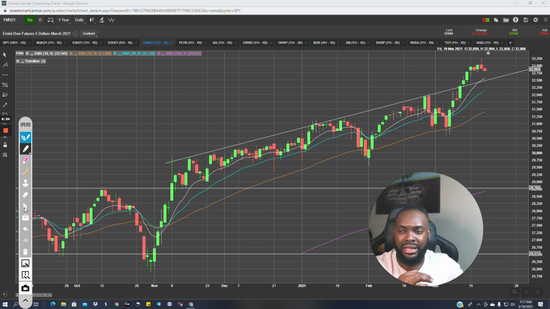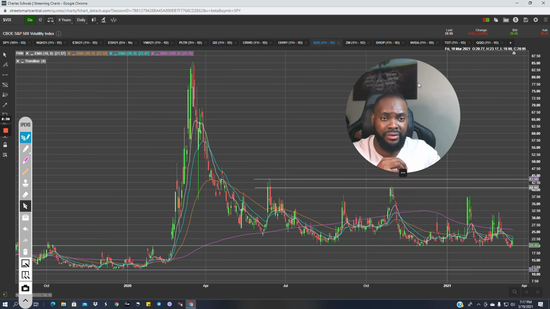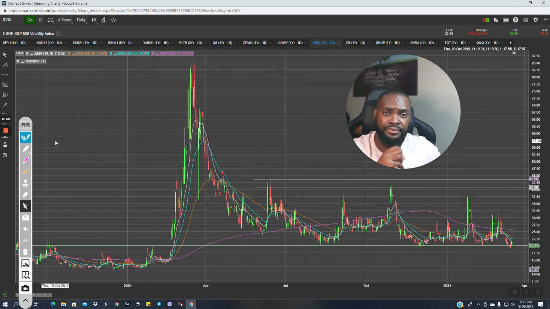All right, one more thing that I want to bring to your attention today is the VIX. This is very important, guys, because remember, when the market is at an all-time high, you will see the VIX at support. And then as the market starts to sell off, you will see a spike in the VIX. Two days back, the VIX acted like it was going to break down below the support level, right?